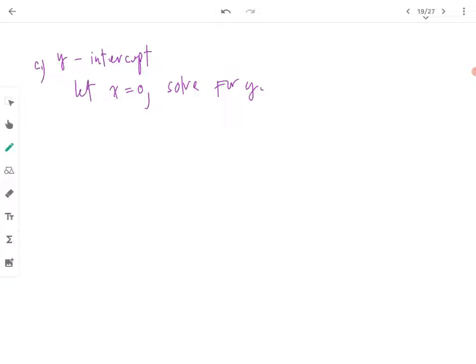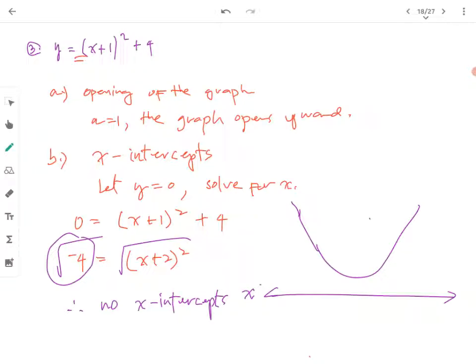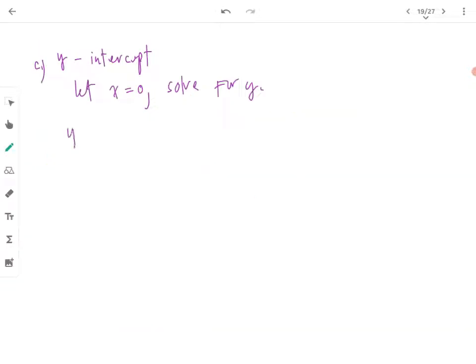So that's (x plus 1) squared plus 4. Substituting 0 in x, we have 5. Oh, it goes up. It does not cross the x-axis, meaning it's above. Our first picture shows that it's above the x-axis, but it passes through 0, 5. 0 for x, 5 for y.